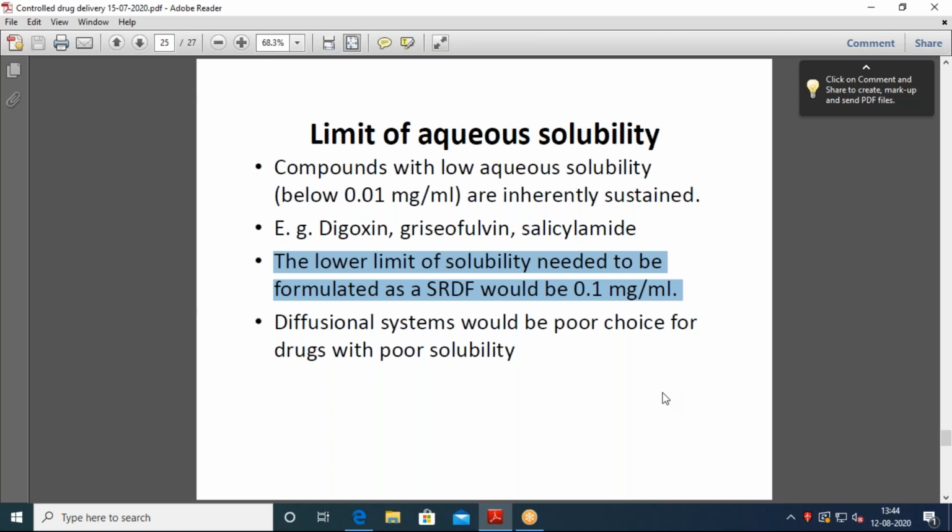Now, according to this, what can be the limit of solubility? What do you see on the slide? 0.1 mg per ml. Make it very simple, no? Is there any easier way for you people to remember?